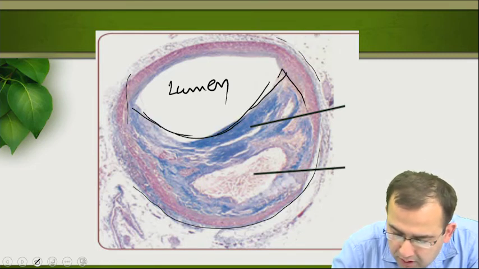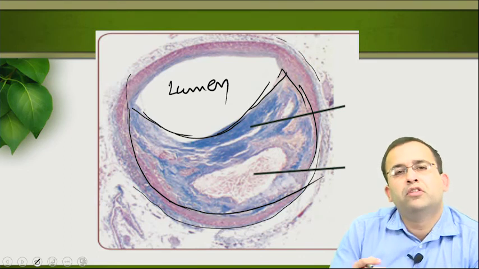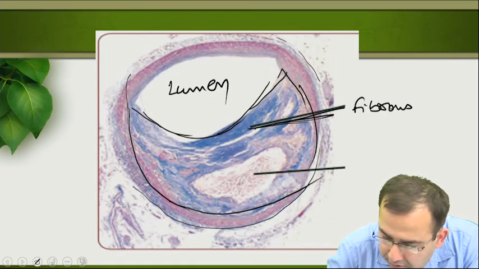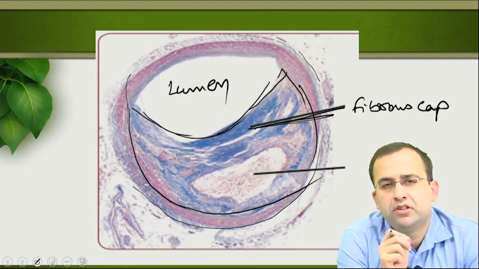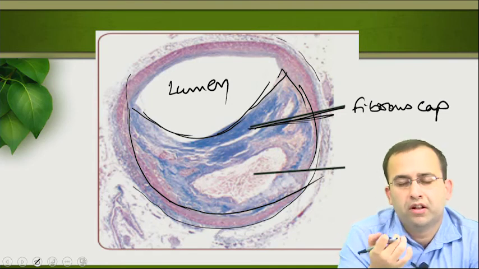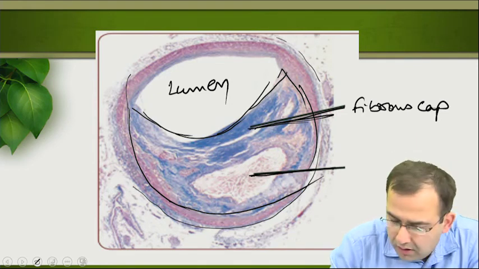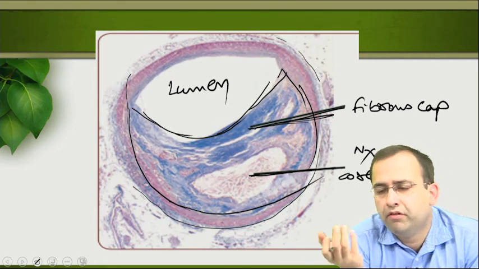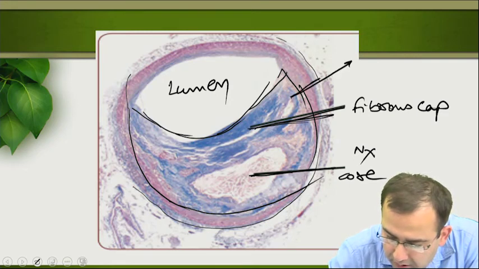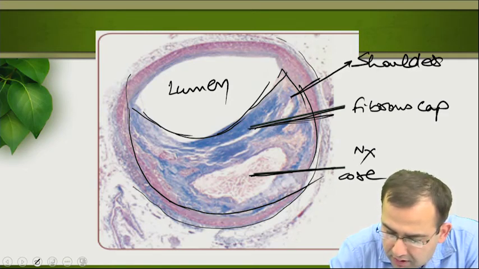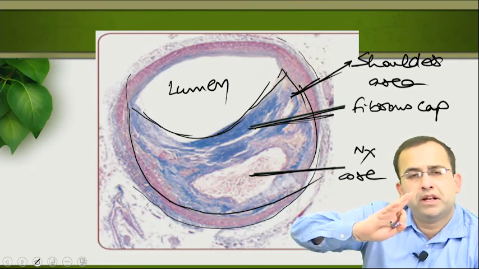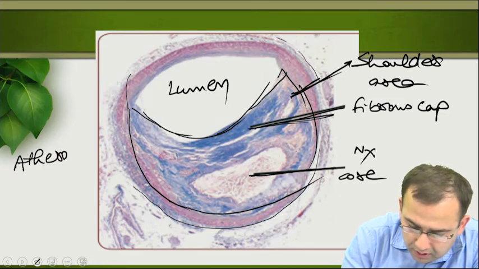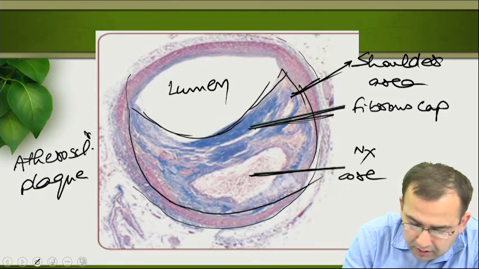This is the narrowed lumen because of atherosclerosis, which has three areas: the fibrous cap, which is the dense blue collagenous area with smooth muscle proliferation; then the necrotic core, composed of cellular debris, lipid and foamy cells; and the shoulder area, the most cellular area. This is an atherosclerotic plaque.